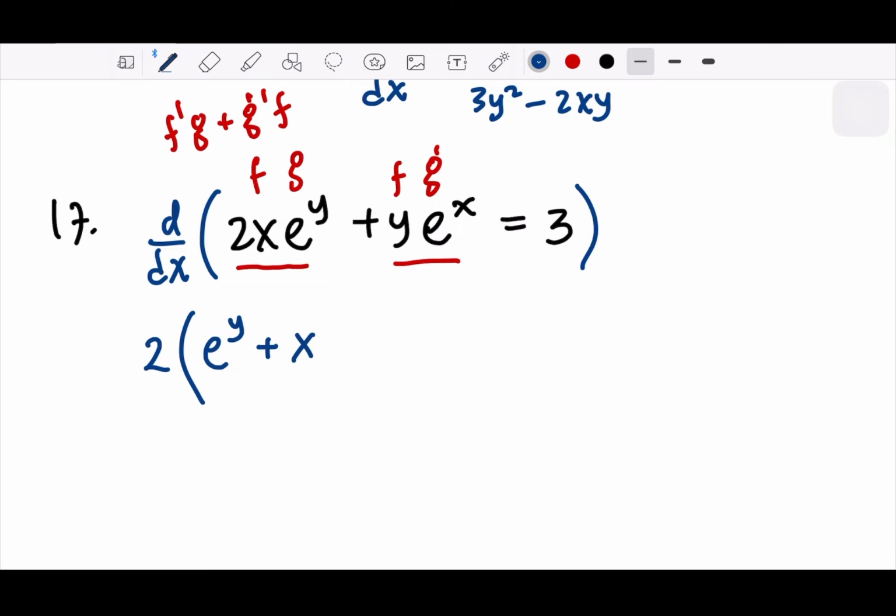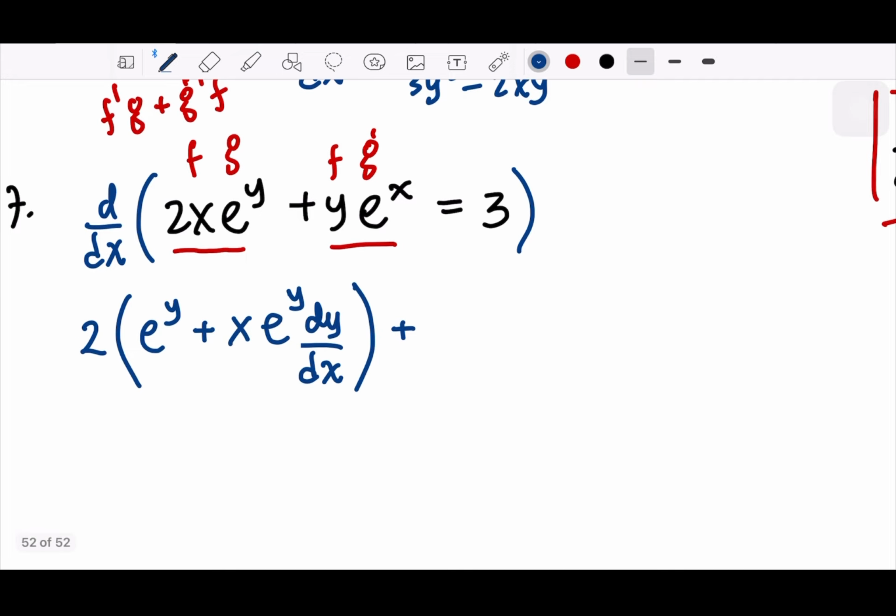Don't forget the chain rule. So this is the first one.